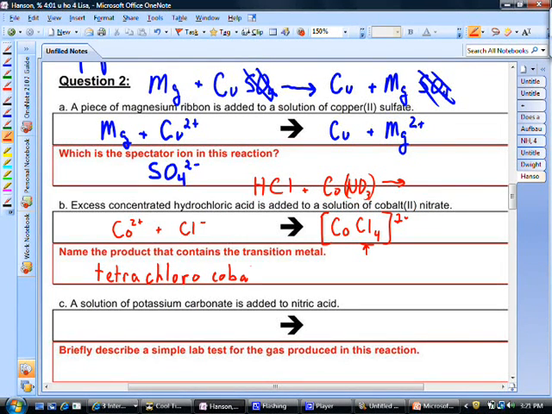And what's the charge of the cobalt? The cobalt here has a charge of 2+. So that's the name of that ion.